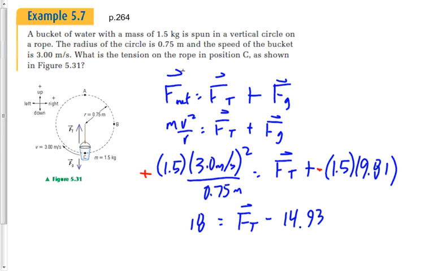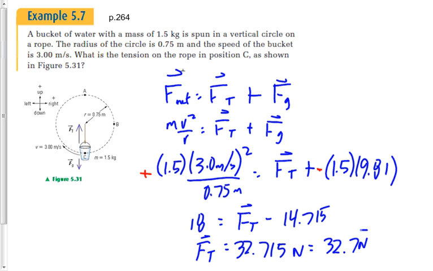No, 14.715. We're going to take the 14.715 over to the other side by adding, because it's a negative value, and it becomes 32.715 newtons. We're going to round that to 3 digits, 32.7 newtons. So the string at the bottom of the circle has to be pulling at 32.7 newtons.